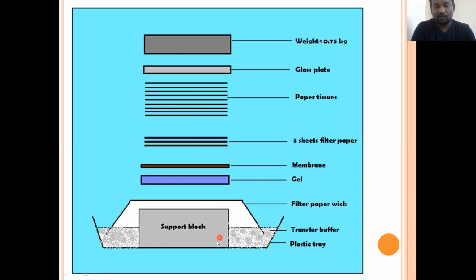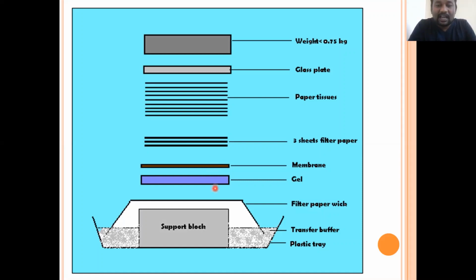During the buffer movement, with the capillary action or capillary transfer, the DNA molecules move from the gel to the membrane. With the help of capillary transfer, the DNA or RNA or protein bands from the gel will move and attach with the nitrocellulose membrane.